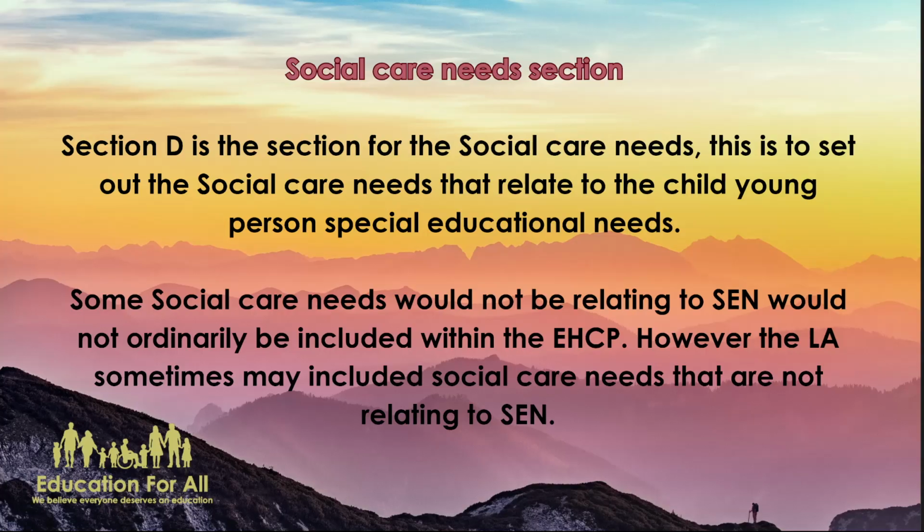Sometimes this is done because it can make it easier for families to tie all of the plans together, because especially when you've got complex children and there's a lot going on, it can get really complicated and overwhelming. And it must never be included unless permission has been sought from the family. So the family must agree to child protection and CIN plans etc. being included on an EHCP.